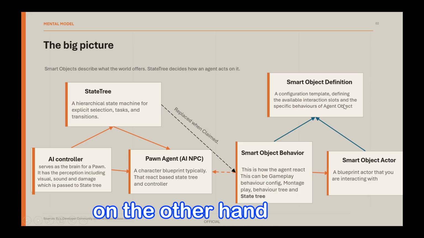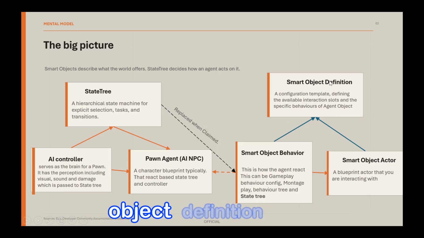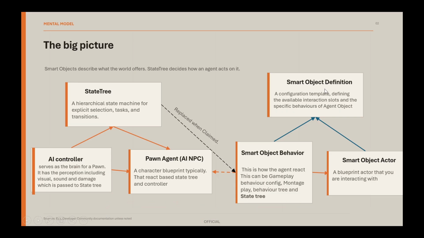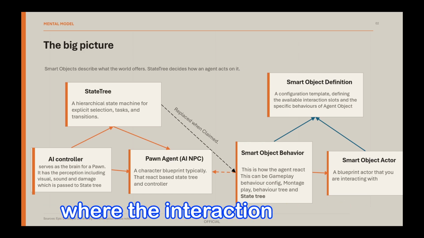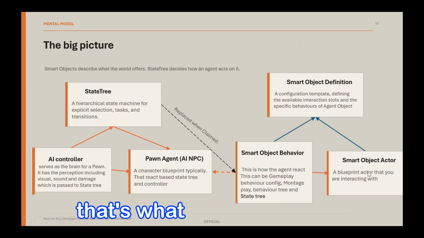Now, on the other hand, smart objects have something called a smart object definition. This is just a template, and it's created before runtime, and it's basically defining where the interaction slots are, and what specific behaviors the agent can take. Now, the smart object actor, that's what we're interacting with.